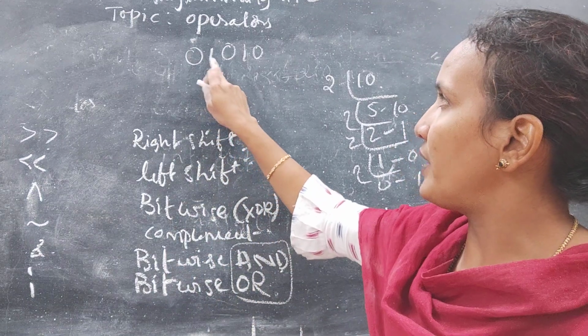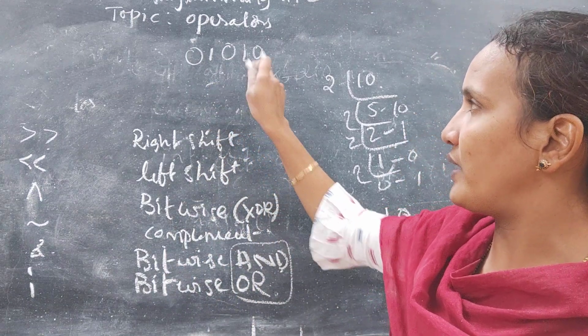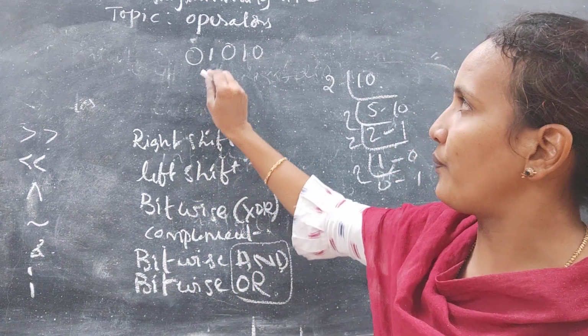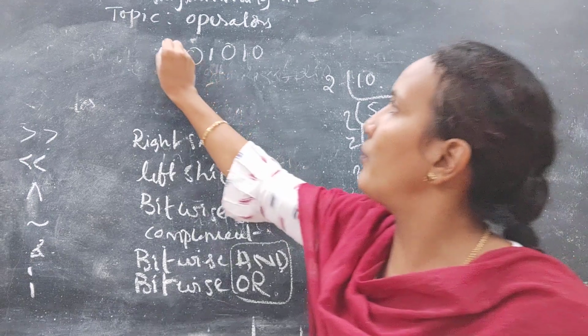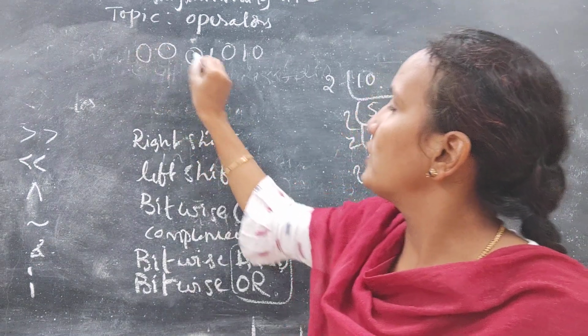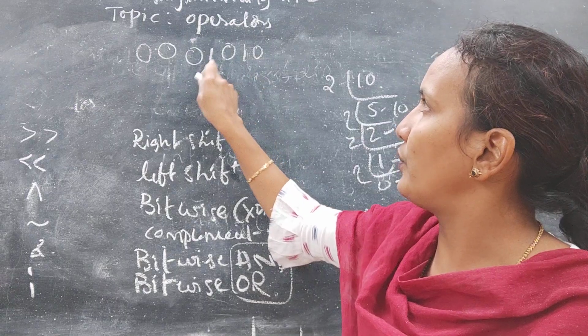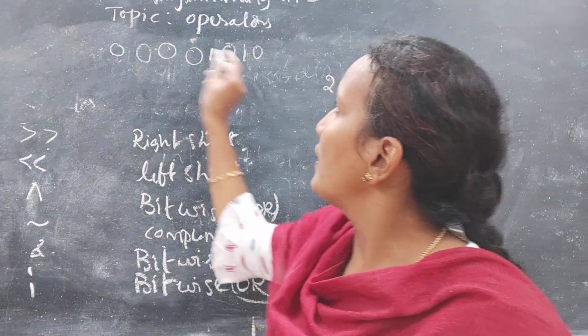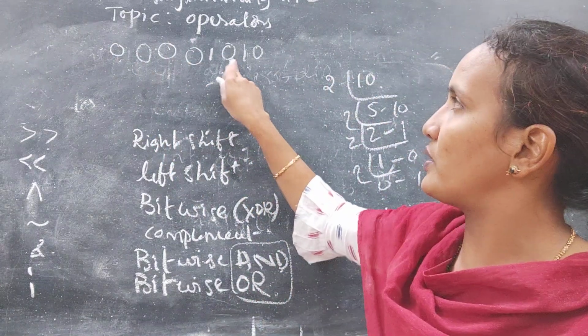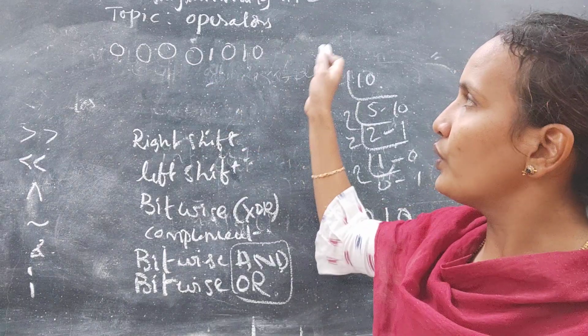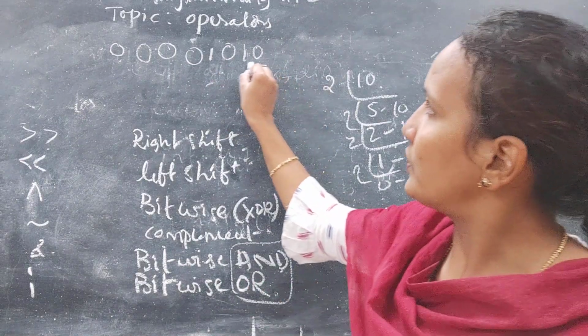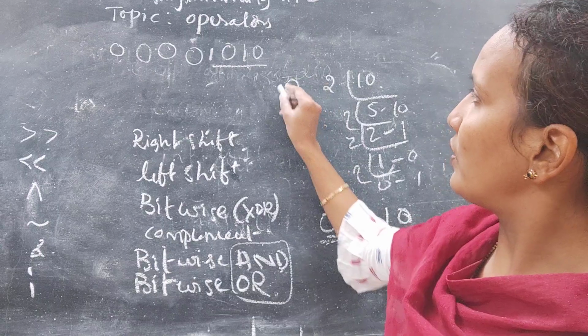We will take 8 bits: 1, 2, 3, 4, 5, 6, 7, 8. This 1, this 0, this 1 will move 2 places forward.